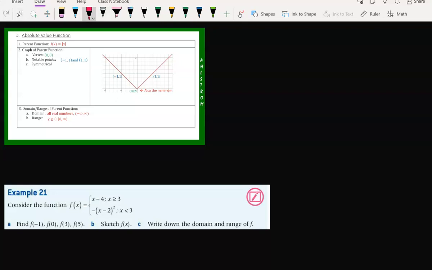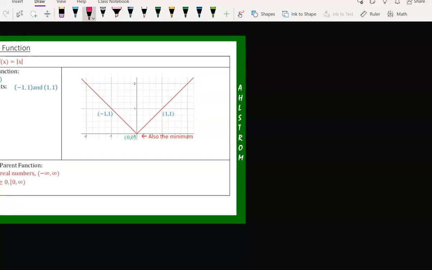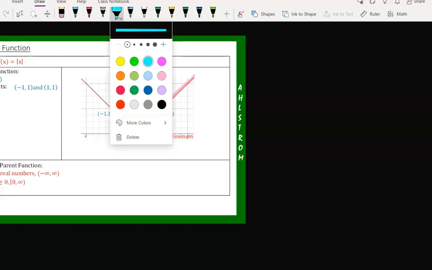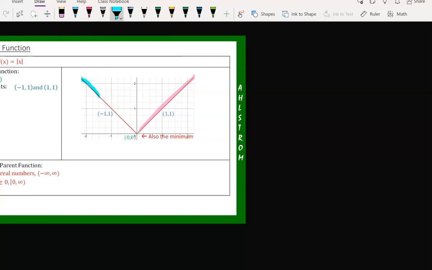In the textbook, what they want you to take a look at and understand is that the absolute value function right here can be classified as a piecewise function, because it's made up of f of x equals x, or negative x.